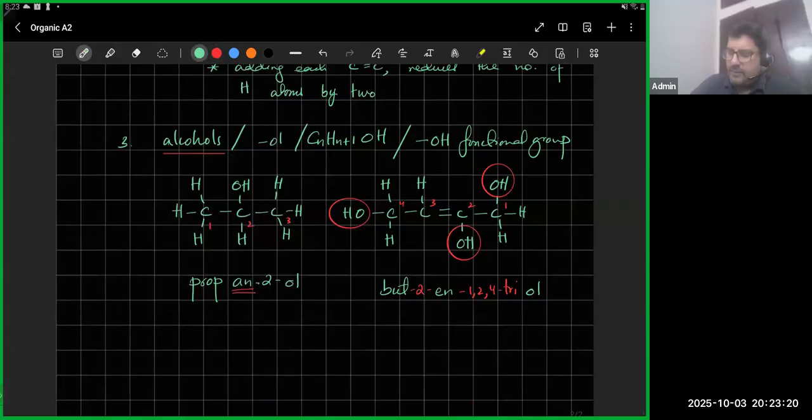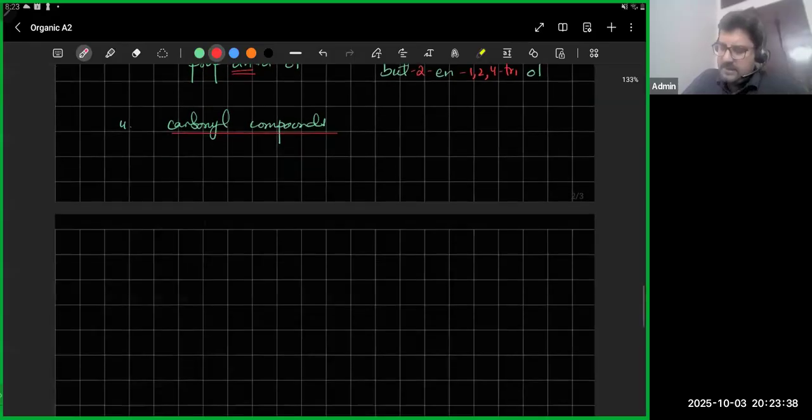Okay, the fourth one. You have carbonyl compounds. So carbonyl compounds are basically, the first one, part A, let's do aldehydes.